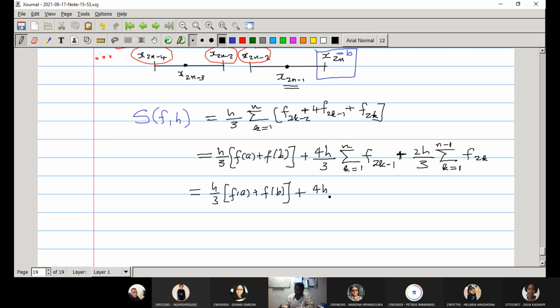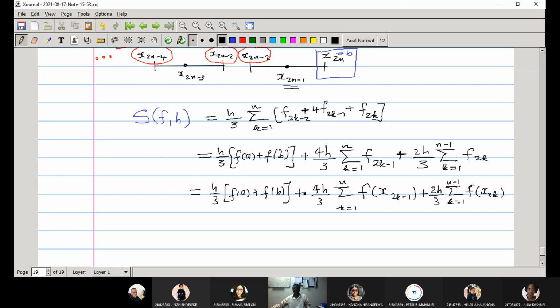Plus 4h by 3, then you have the sum here from 1 to n of f of x sub 2k minus 1, plus 2h by 3, and then the summation k from 1 to n minus 1 of f of x sub 2k.